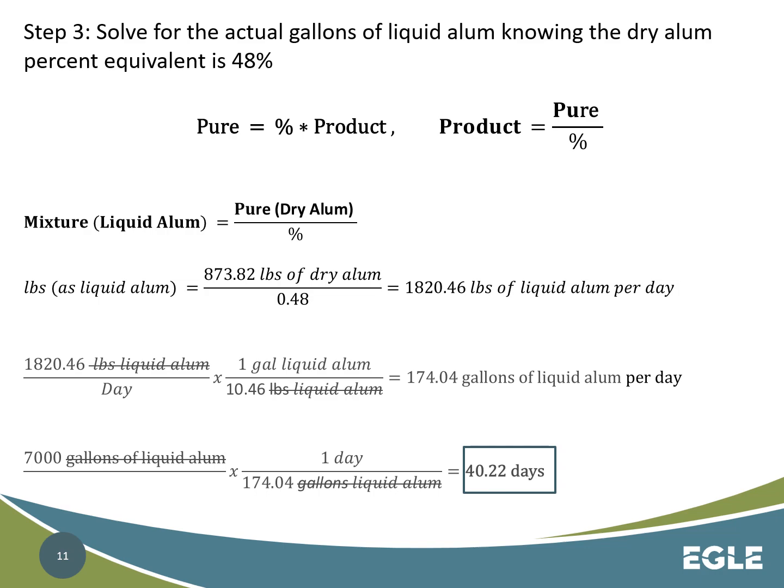That means that if you have 100 gallons of this liquid alum, 48% will be the dry alum equivalent, right? So with that logic, right, we're not trying to find the pure. Our pure is our dry alum. We already have that, right?